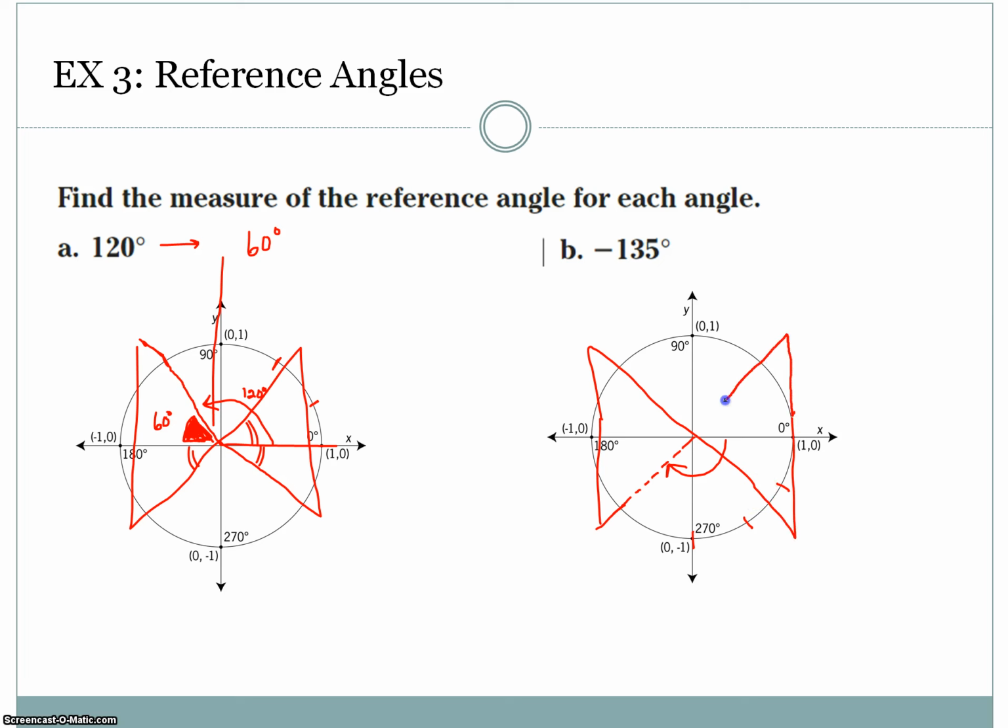It's sort of a sloppy bow tie. But whatever this angle is right here is my reference angle, and it's the same angle as here, and here, and here. So if this is negative 135, how much more until I get over to the x-axis? What's this angle right here? Well, of course, it's a 45-degree angle. And so the reference angle here is 45 degrees.